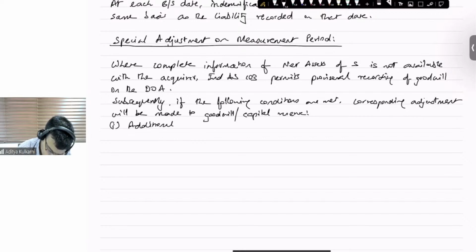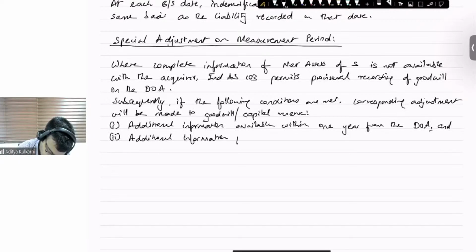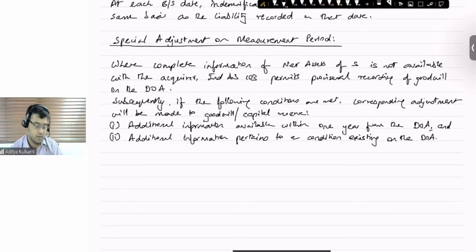additional information available within 1 year from the date of acquisition, and 2, additional information pertains to a condition existing on the date of acquisition.